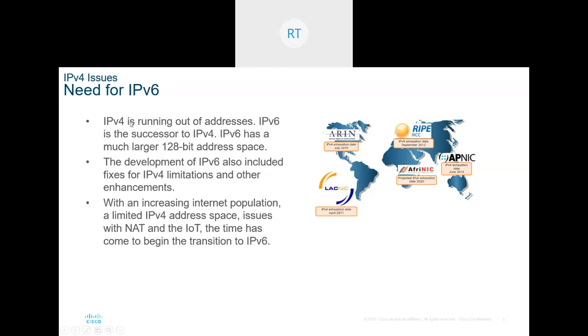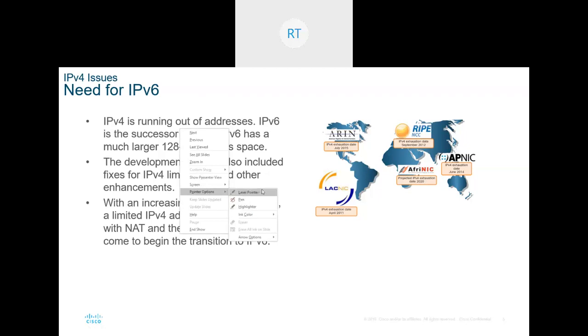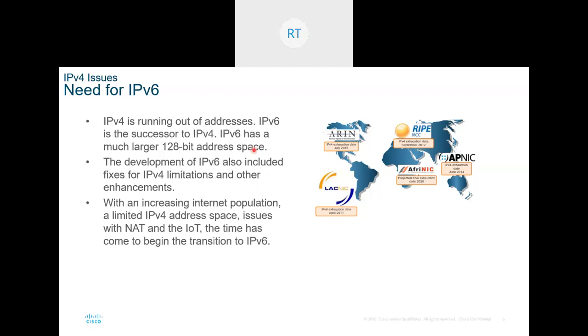So that's the main reason why we should be migrating to IP version 6. IP version 4 addressing is running out of addresses. IP version 6 would be the successor for IP version 4 because it has a much larger address space. The development of IP version 6 included some fixing of the limitations and other enhancements.